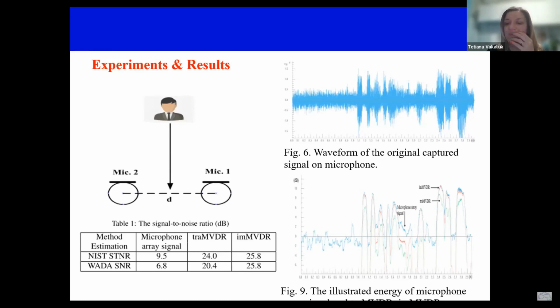We can see that the suggested technique can help save the original target speaker. And in table 1, the speech quality in terms of the signal-to-noise ratio was increased.